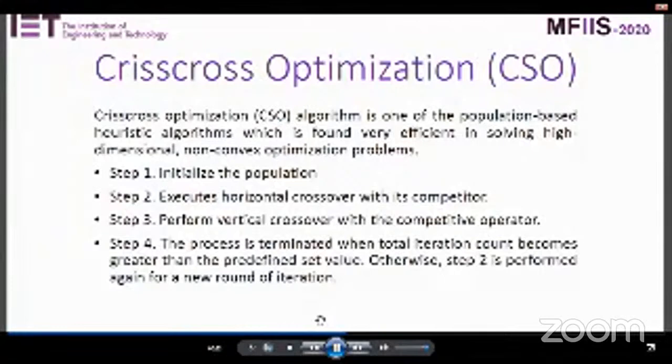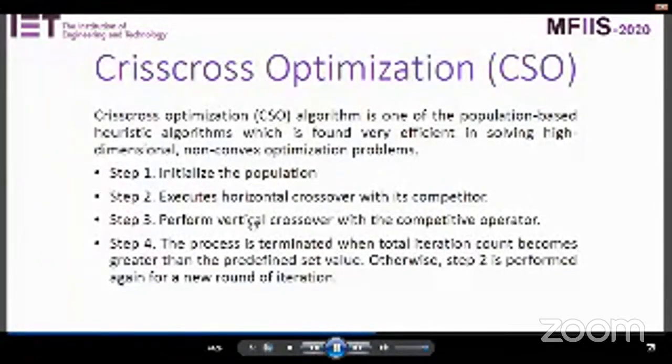These following steps ensure the existence of solutions having better fitness values. As a result, the acceleration factor for personnel based individuals is greater towards convergence. The steps involved in this algorithm are explained by these four processes. Step 1 is initializing the population. Here the CSO firstly creates a population consisting of D decision variables.